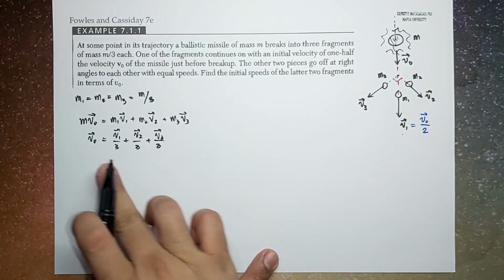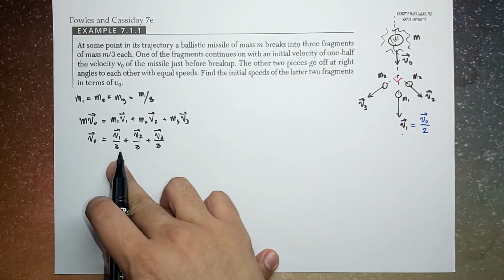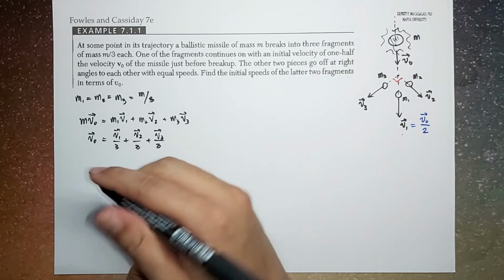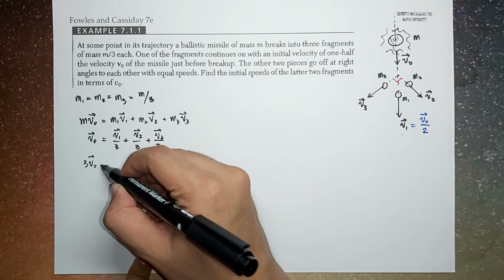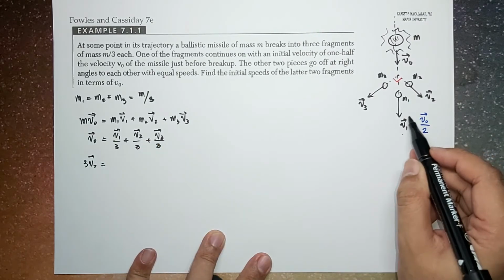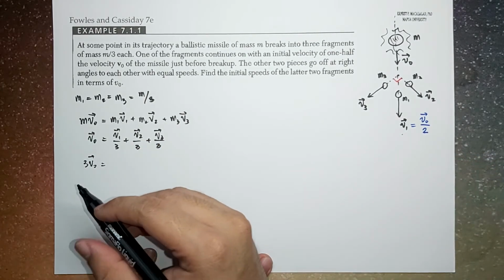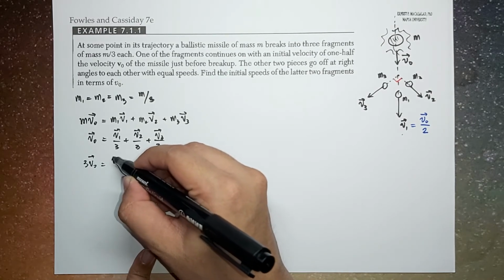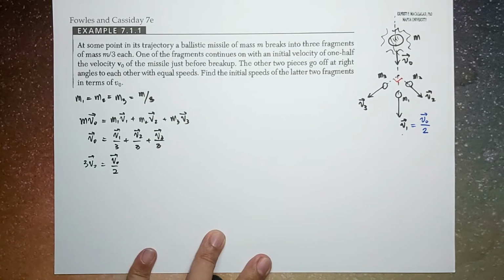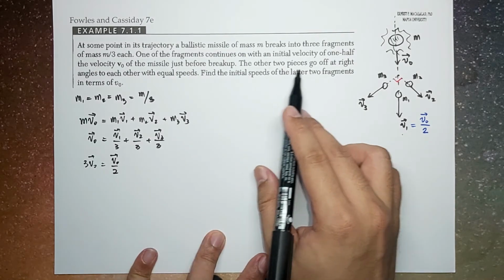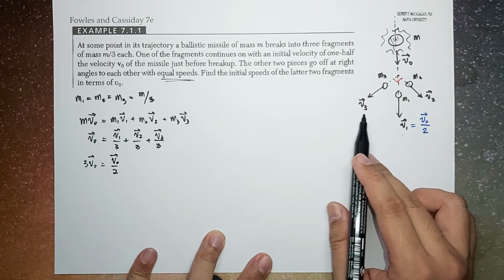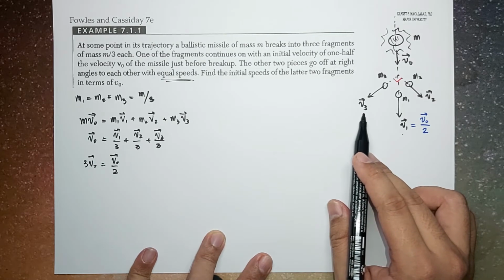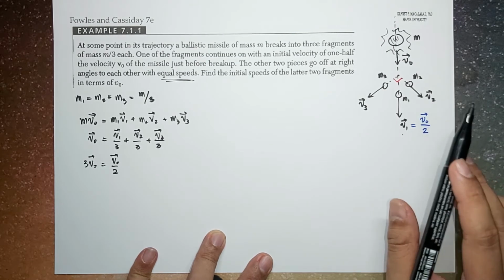So therefore this becomes 3 v0 equals v0 over 2, and because the 2 particles go at right angles at equal speeds, that means v3 and v2's magnitude are the same.